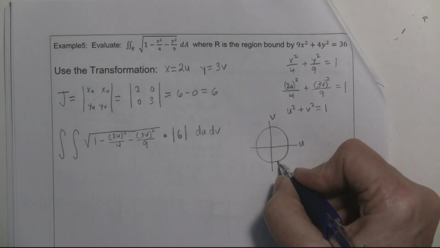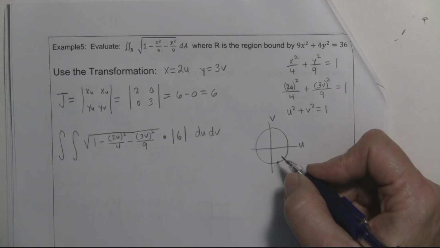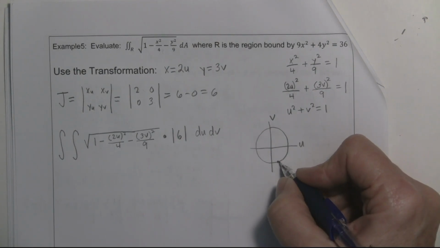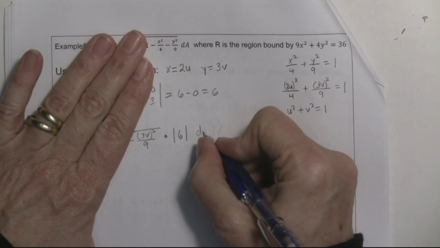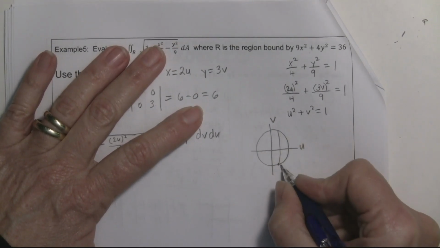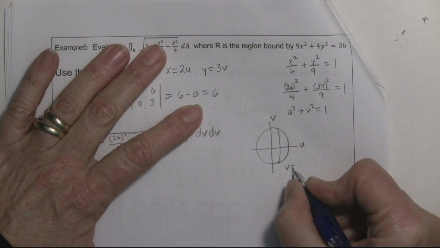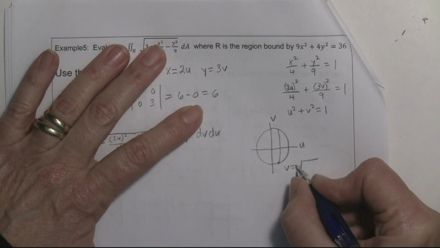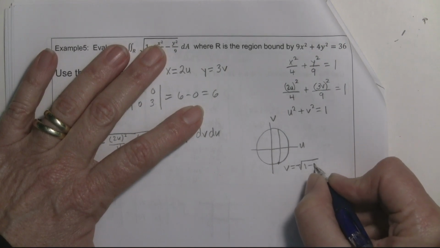If I wanted to go from function to function on my bounds, I would need to solve this equation for v, and change this to dv. Solving for v gives v equals the square root, negative because it's below, of negative 1 minus u squared.